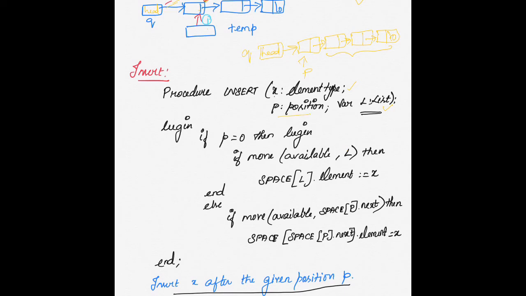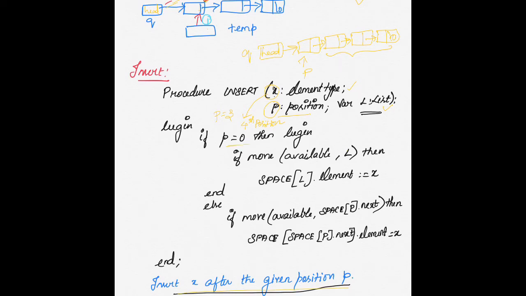Remember, in case of insertion, we are going to insert this particular element X after this position P. So if P is 3, then X will be inserted at the 4th position. So insert x after the given position p. So how will it be done?